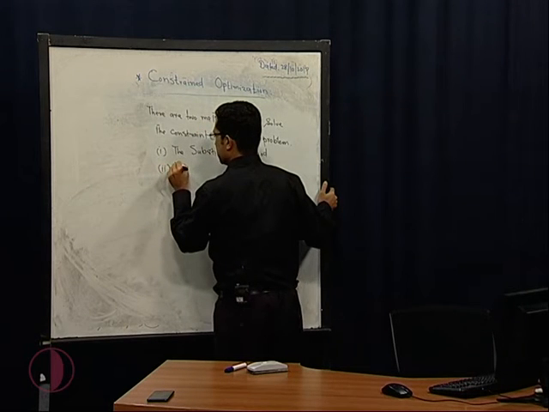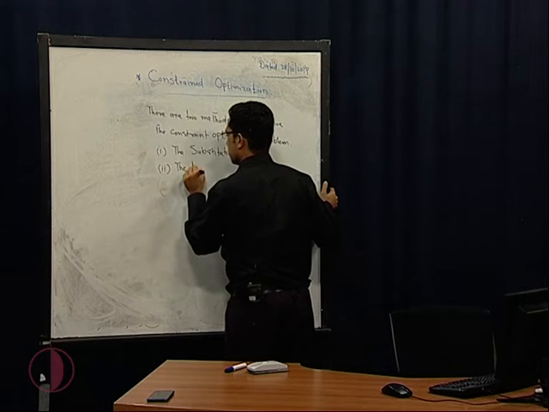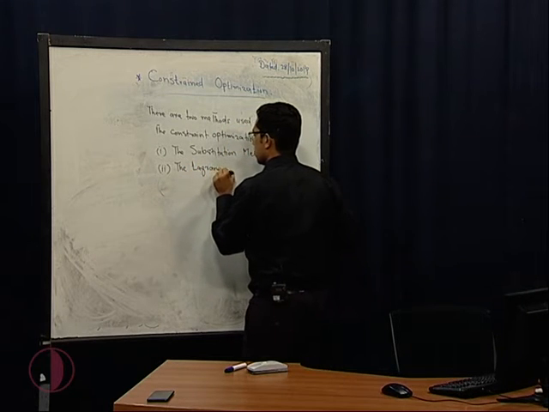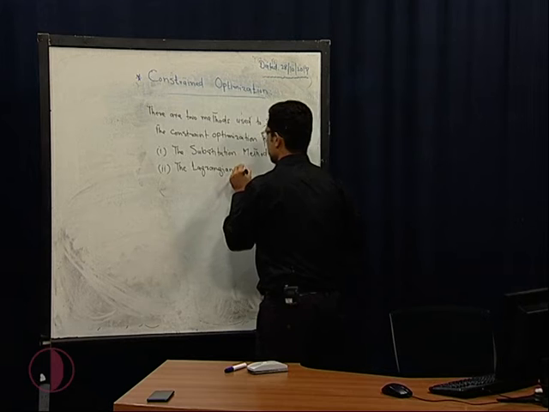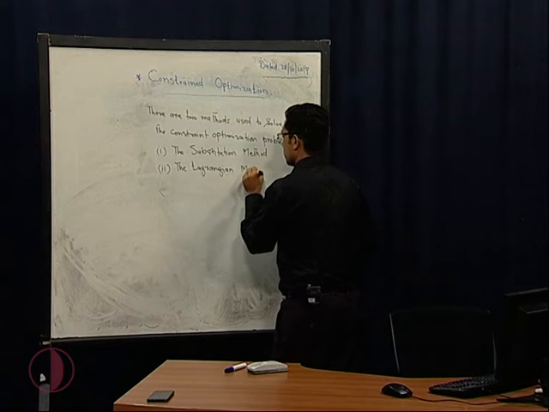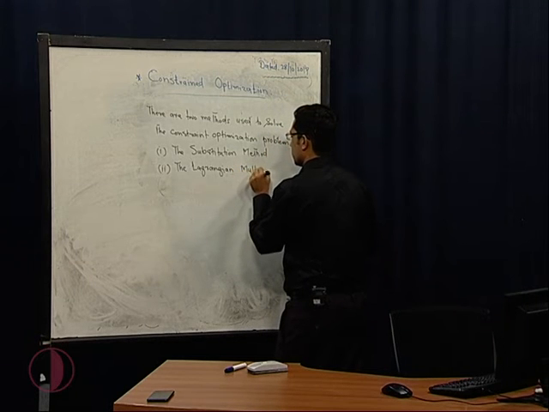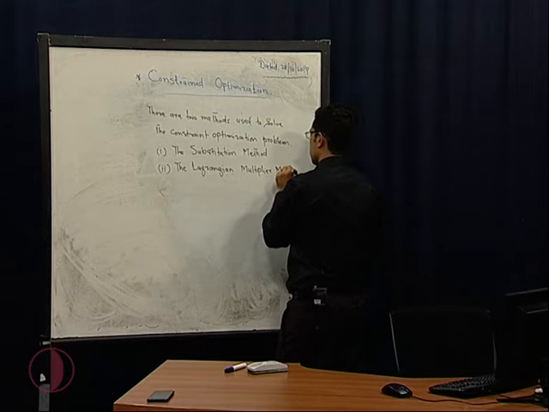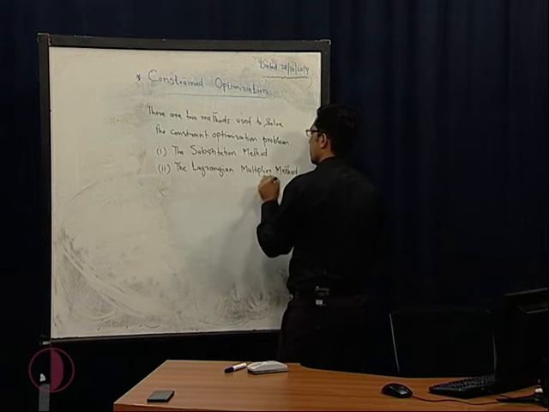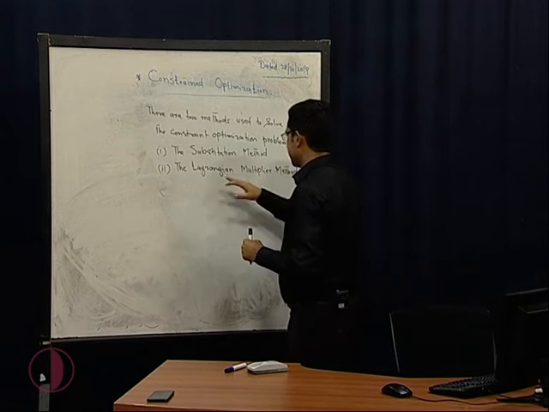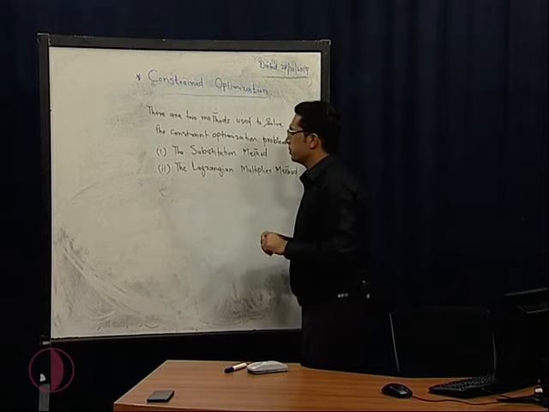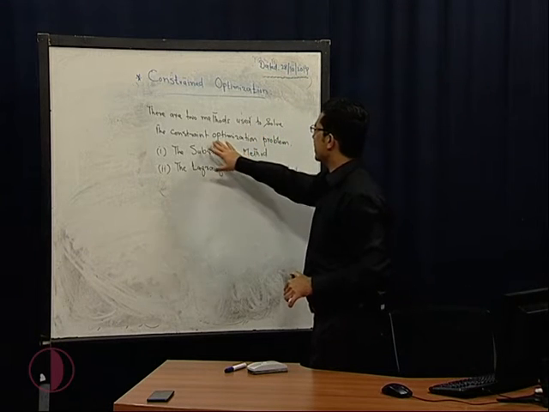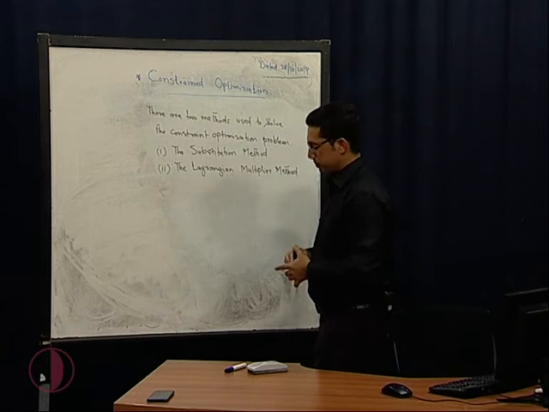The second one is the Lagrangian multiplier method, or shortly we can say the Lagrangian method. These are the two methods which we can use to solve the constraint optimization problem.